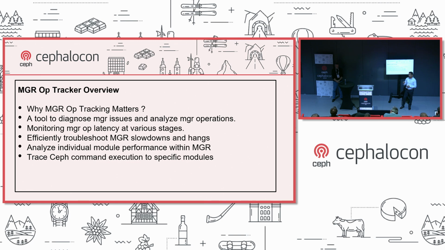That's because the particular module where you were initiating that command was not loaded by the active manager. So we used the op tracking mechanism to find where the exact problem is, whether the module is not accepting or trying to execute that op, or the core is having the problem.